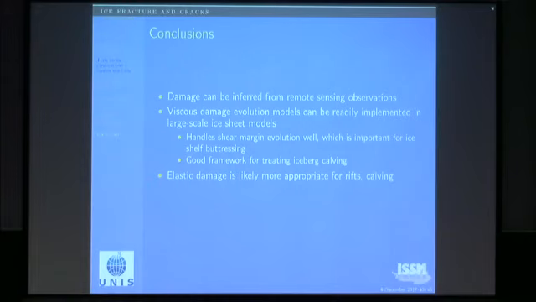So the better parameterizations we can give them to work within their viscous frameworks, the better off they're going to be. The damage carries a history of fracturing. That's important. We haven't really addressed healing much, and that's on the to-do list. That's all I have. Thank you for your attention, and I left some time for questions.